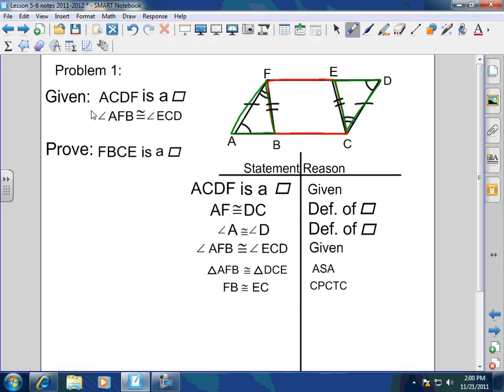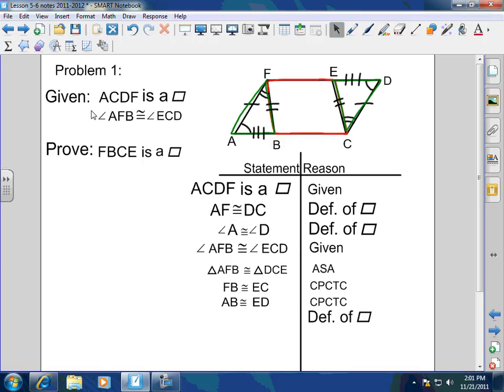Nice. AB is congruent to ED, also because of CPCTC. We had a little snafu there, all right, no big deal. So AB is congruent to ED.